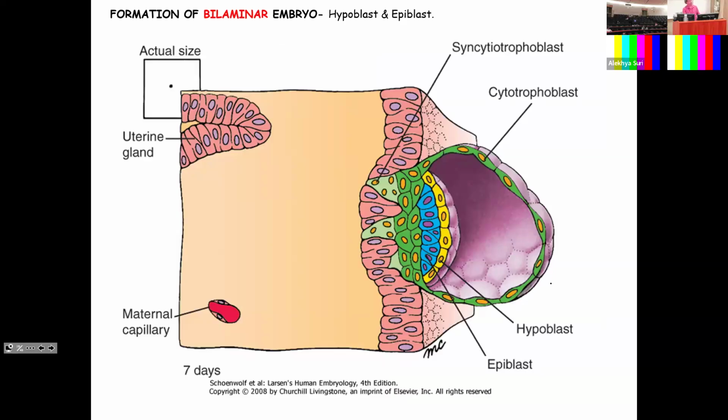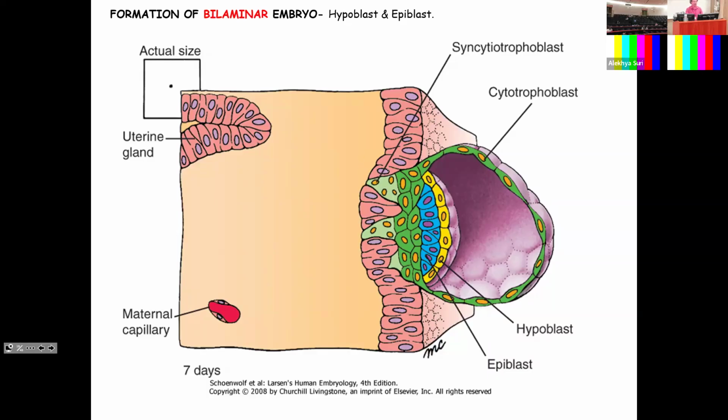And this is a schematic showing the process of invasion with the trophoblast. Everything in embryogenesis is one layer gives rise to two layers, to four layers, etc. So here we have the trophoblast, which now became cytotrophoblast and syncytiotrophoblast.